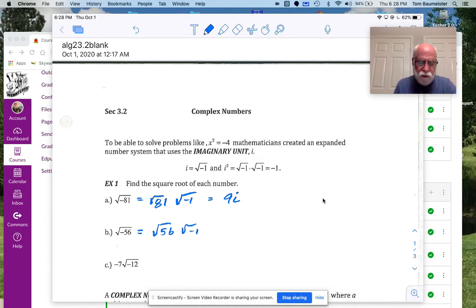Now let's go off to the side here, because we can say that 56 is 2 times 28, and we know that 28 is 2 times 14, and 14 is 2 times 7. Since we're talking about square roots, remember, if I have two of them that are the same, I can pull that out.